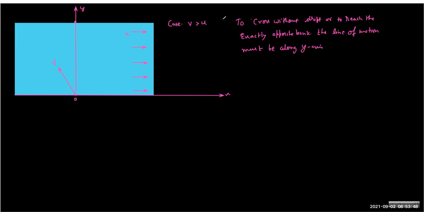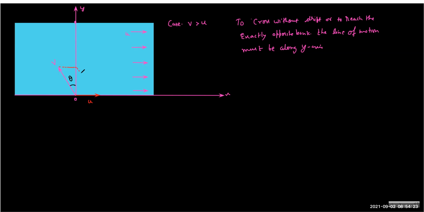To solve the question, generally what we do is we take the v at an angle theta with the vertical, like the y-axis. So the particle will have two velocities, one towards the right, which is due to flow, and the other as I have shown. And the resultant of these two vectors must be along the y-axis.